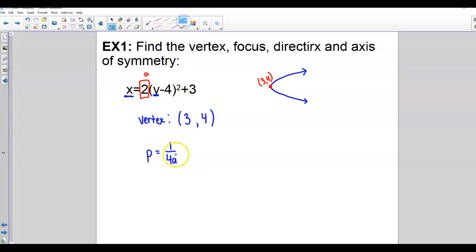So our focal length here is going to be 1 over 4 times 2, which will give us 1/8. So that means to get to the focus, I would go to the right 1/8. And to get to the directrix, which is going to be this vertical line out here, I would go to the left 1/8.